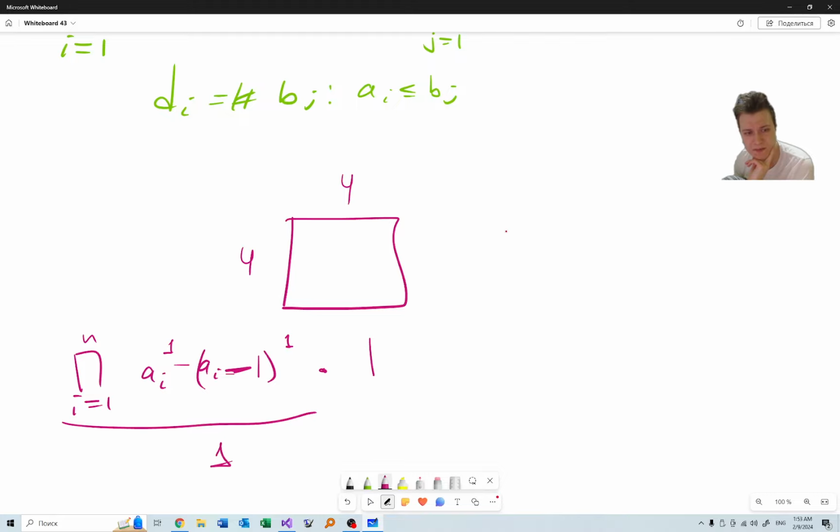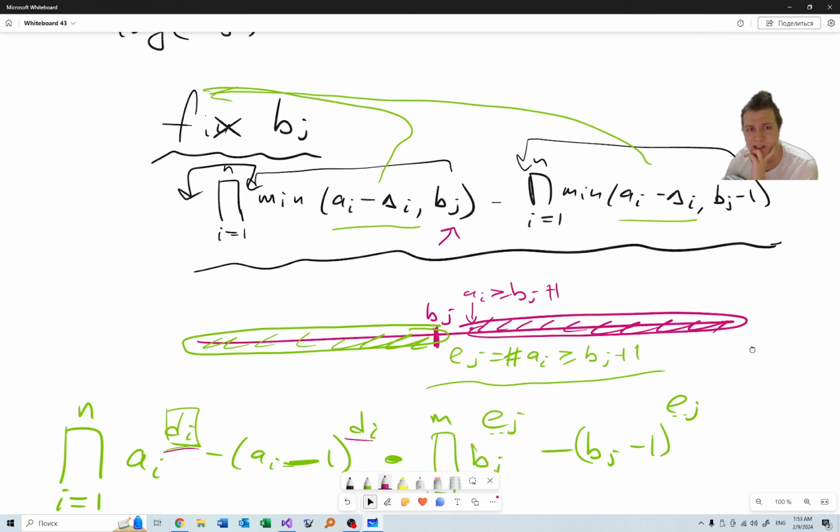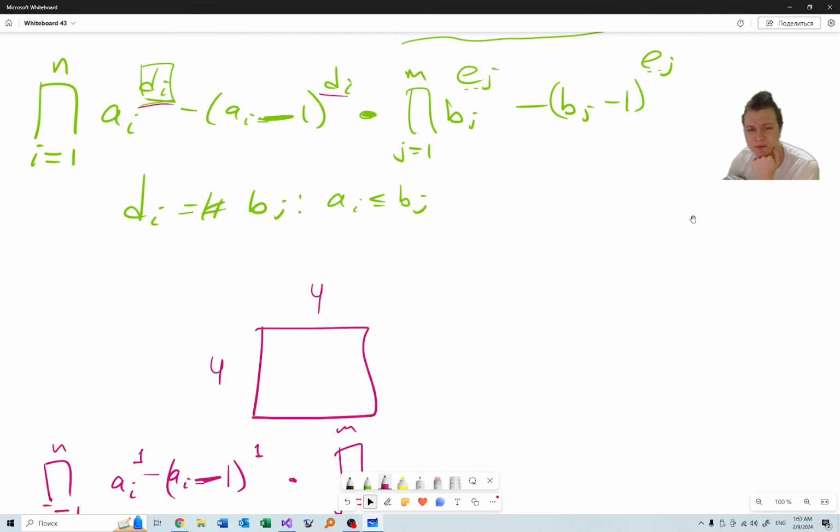But then we multiply it by the product for all j's, and I believe that after the removal it might become sad. Yeah, it might simply become 1 minus 1.